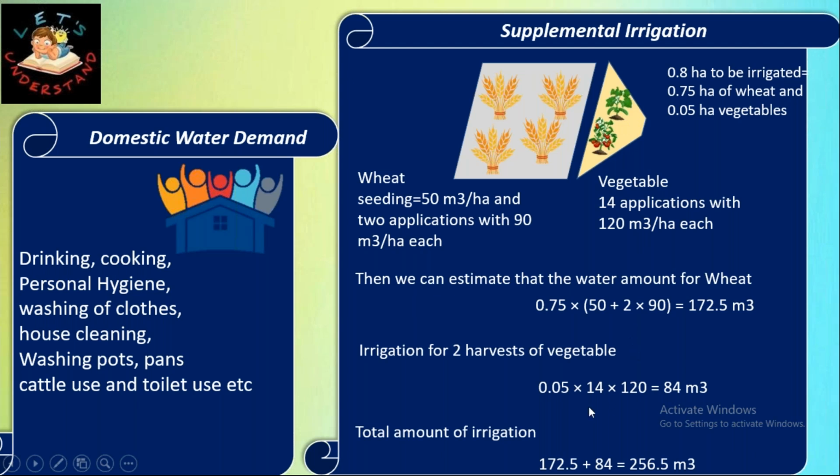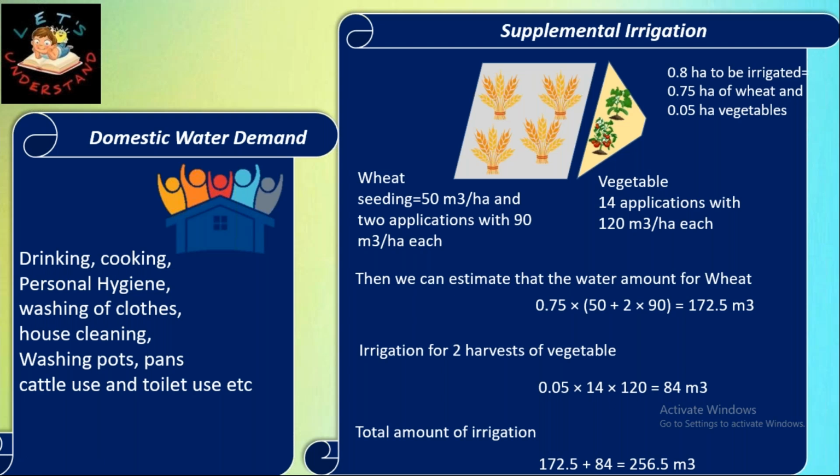So in net, how much water should be there in our storage? That is 170.5 for the wheat irrigation and 84 meter cube for the vegetables. Moreover, we can add some safety factor of 50 meter cube or 40 meter cube, as per our cost or rainfall or water availability.